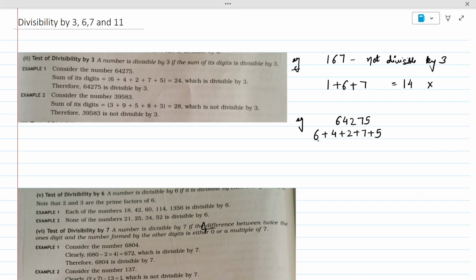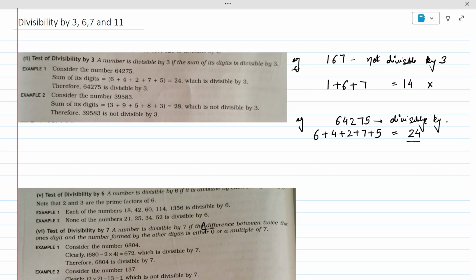Let's add. 6 plus 4 is 10. 10 plus 2 is 12. 12 plus 7 is 19 and 19 plus 5 is 24. So the sum of the digits is 24, and we know that 24 is a multiple of 3. Since 24 is a multiple of 3, that means this complete number is divisible by 3.